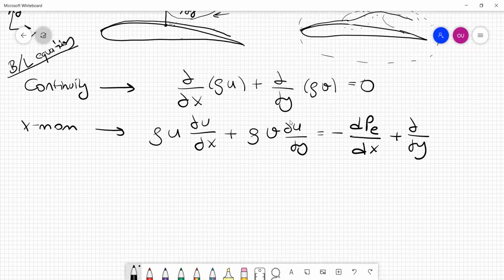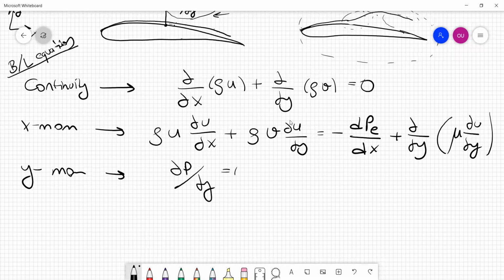And d/dy of mu du/dy, partial derivative, and the y momentum equation, as we have just discussed, dp/dy is equal to 0. That's it. So there's no y dependence of pressure. Pressure depends on x. That's why we had an ordinary derivative here. Okay. Boundary layer equations for, maybe I should say, 2D flows.